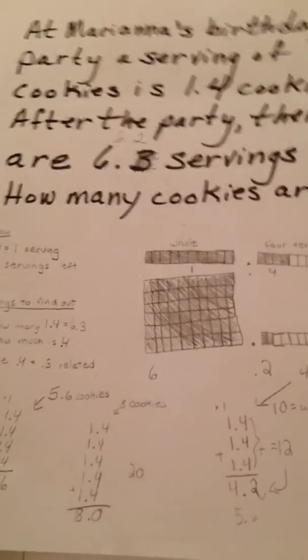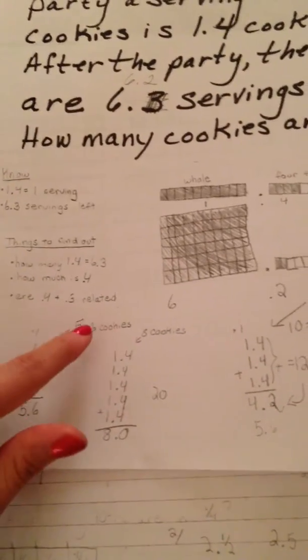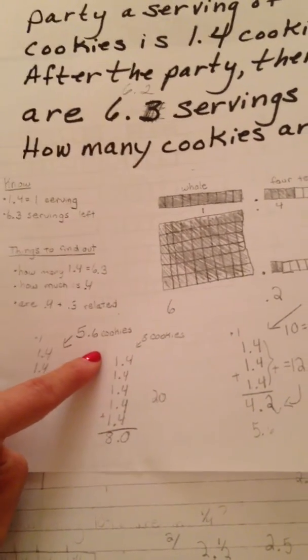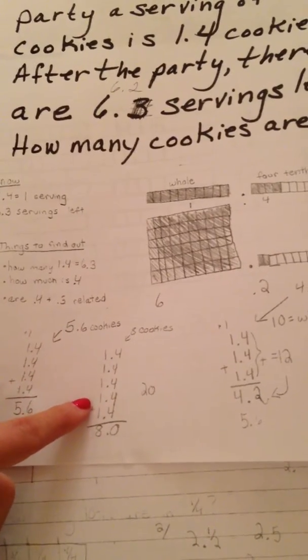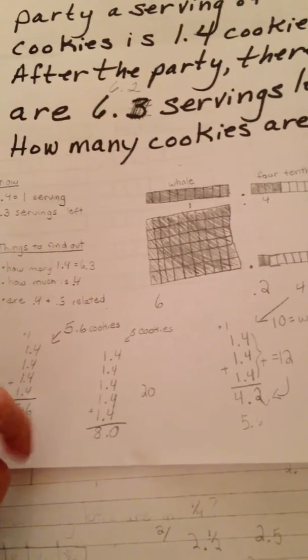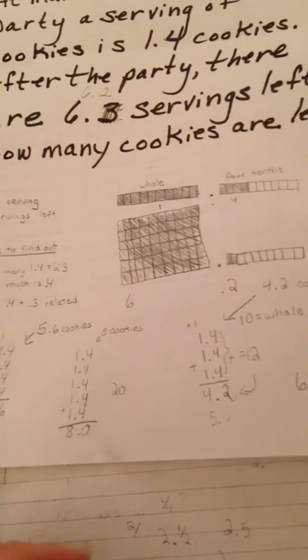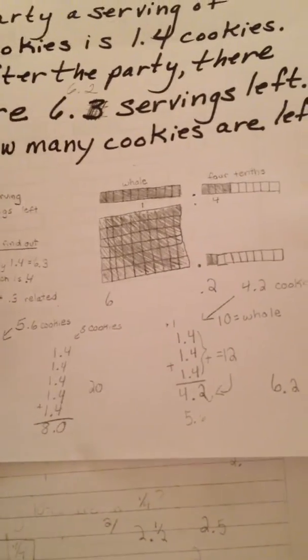Then what she didn't do though in that last problem was she didn't ever add 1.4 6 times. So I think in this problem here she should have added it 6 times maybe, so that she would have gotten 8.4, which we will see that she does later on in her work.